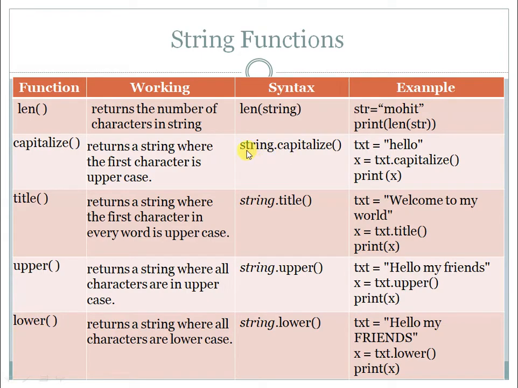That's why we write string object dot capitalize, string dot title, string dot upper, string dot lower, and so on. So the next function is lower. It will return a new string where all the characters are in lowercase. Okay, very easy functions.